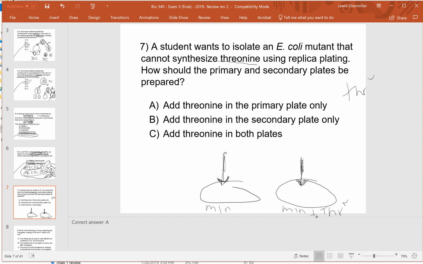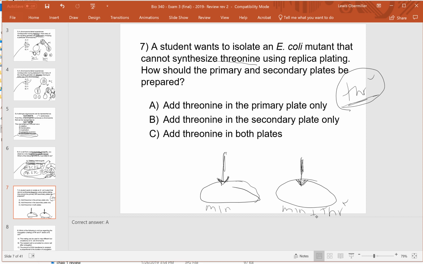If we plated out all the bacteria on minimal media, and it couldn't make threonine, it was threonine minus, all the bacteria would die. So we can't do that.